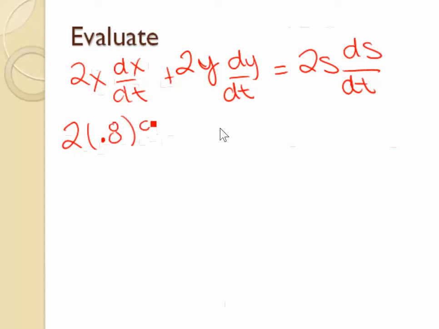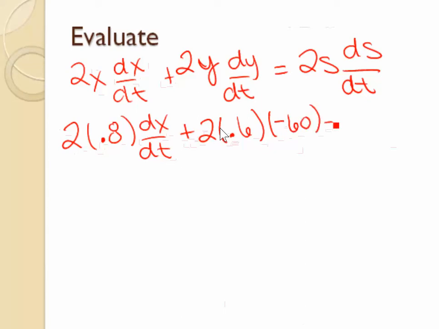We don't know dx/dt, that's the rate of change or the speed of the other vehicle, plus 2 times y. y is the distance the cruiser was from the corner, that was 0.6. dy/dt would be the rate of change of the cruiser, which was negative 60, equals 2 times s, which was 1. That's what we found before using Pythagorean. And then ds/dt was 20.